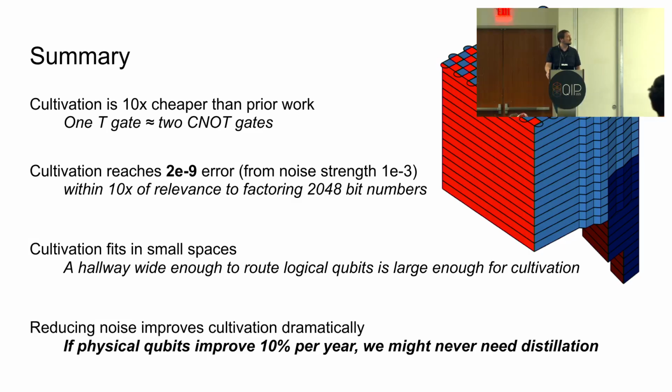Greg, nice talk. Quick question. Can you elaborate on the very expensive decoder you were talking about and what evidence you saw there? Sure. Chromobius is an implementation of a Mobius decoder. That is a decoder that splits the color code decoding problem into basically 3 subgraphs that are joined at the boundaries, if you're familiar with that.